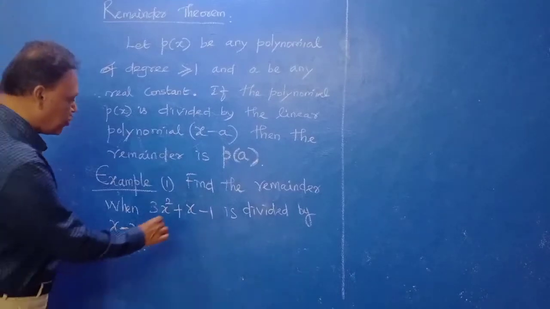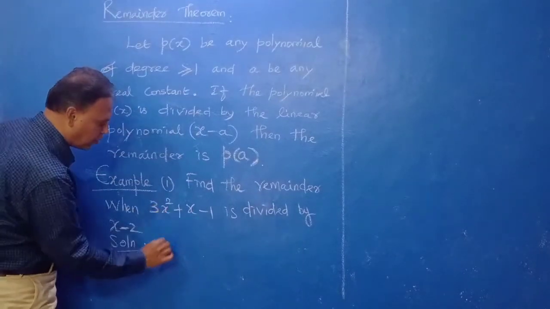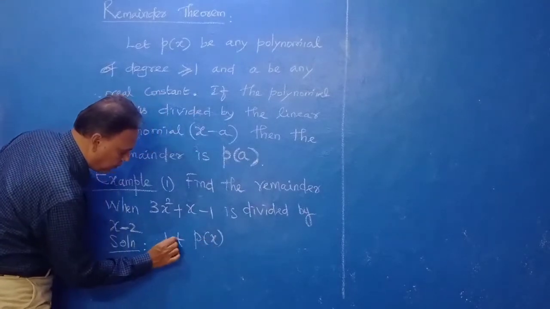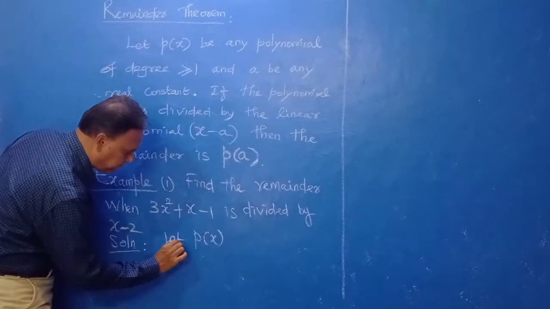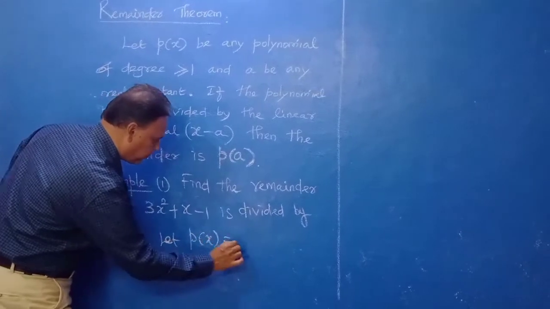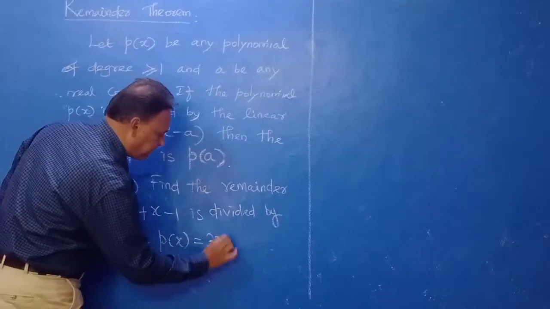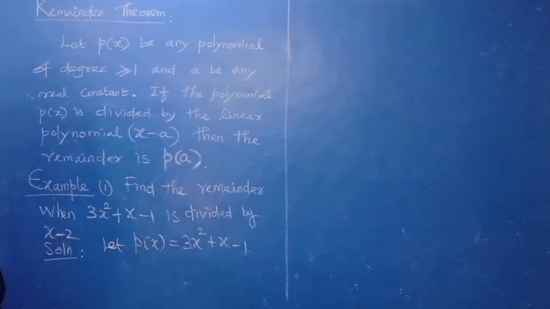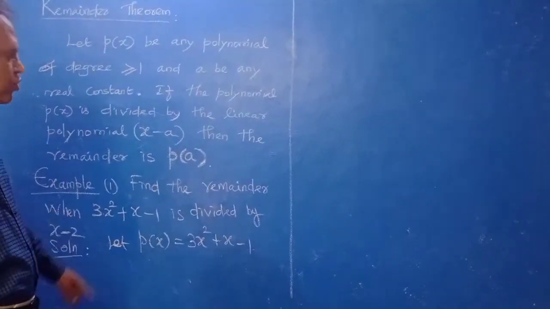Clear? So first you take this polynomial as P of x. Let P of x equal to 3x squared plus x minus 1. Now what is given? x minus 2 you have to divide by.